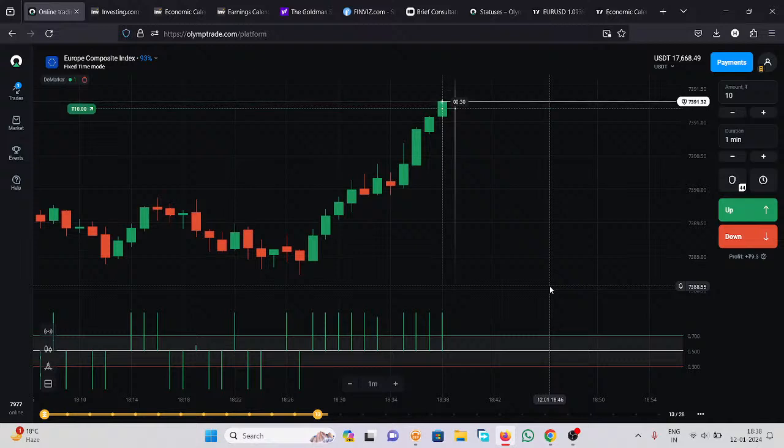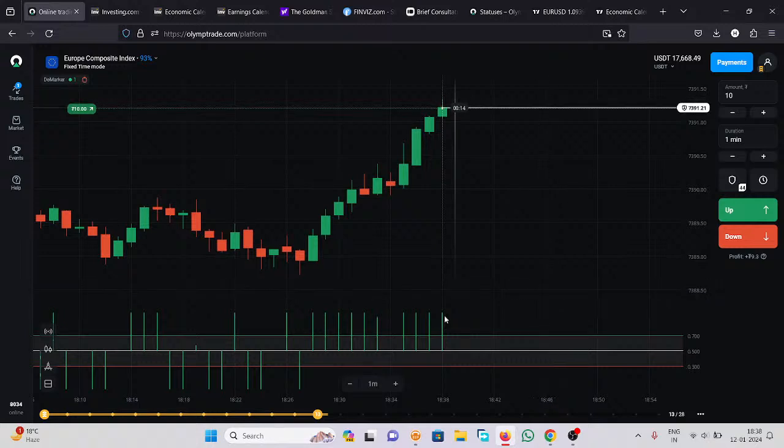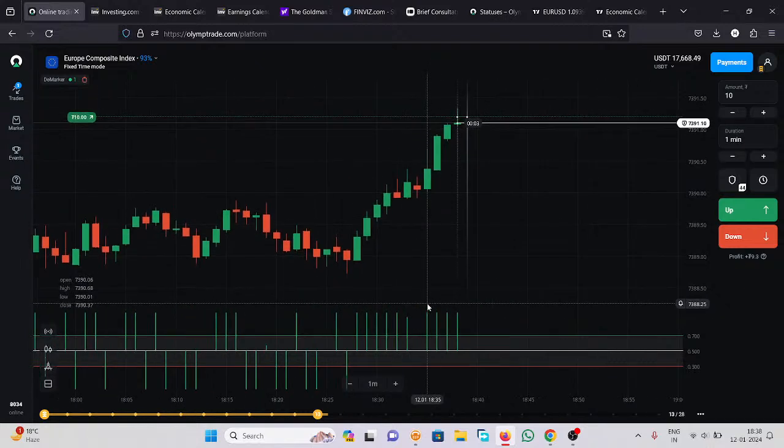So let's discuss the DeMarker. As I mentioned before, the price of a currency pair or any asset is constantly changing during the day. As a rule, sharp impulses are observed. So using the DeMarker indicator, which we are seeing over here with the green lines, we will be able to identify these impulses and open a position according to the signal.